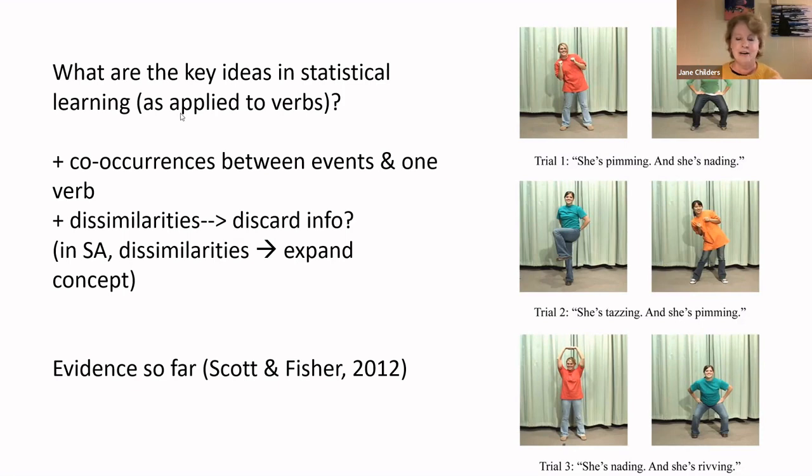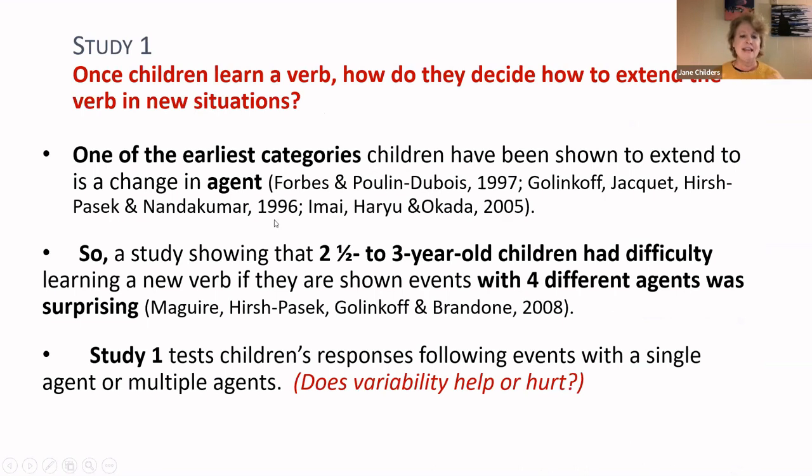So here's some prior evidence for statistical learning. If we think about those things as background, in the first study, I wanted to ask, how do they extend a verb? We know that we can help them learn a verb, but how can we test beyond that and see how they might extend a verb to new situations or new events?